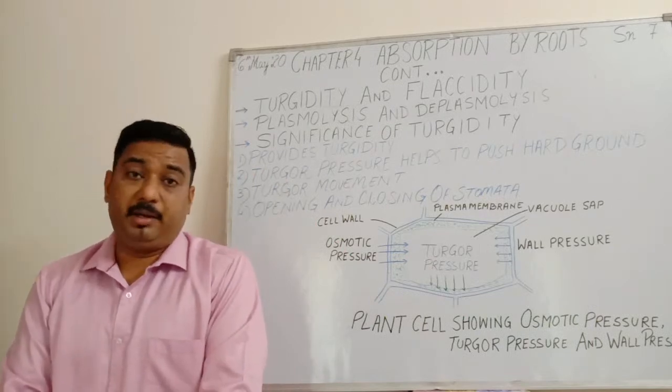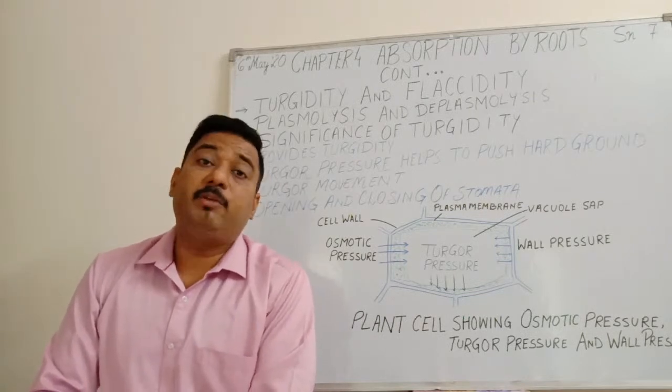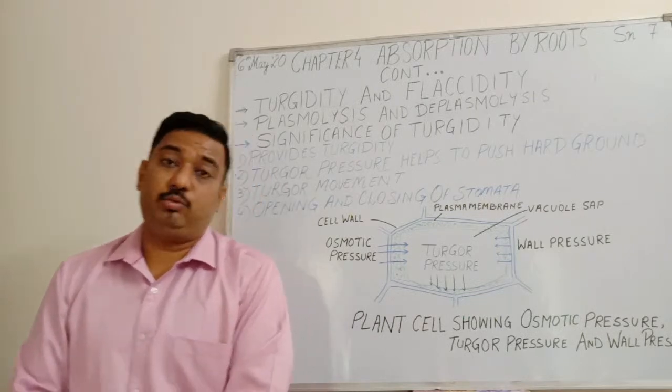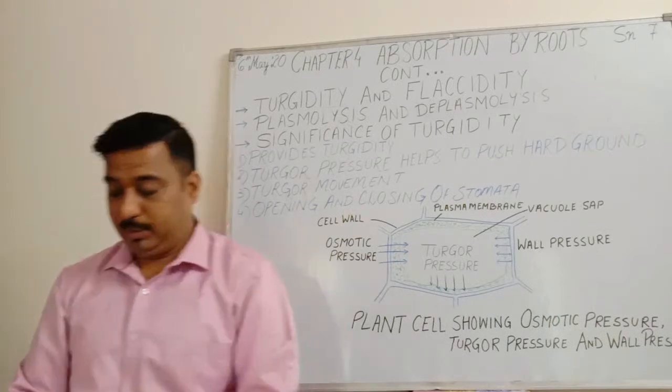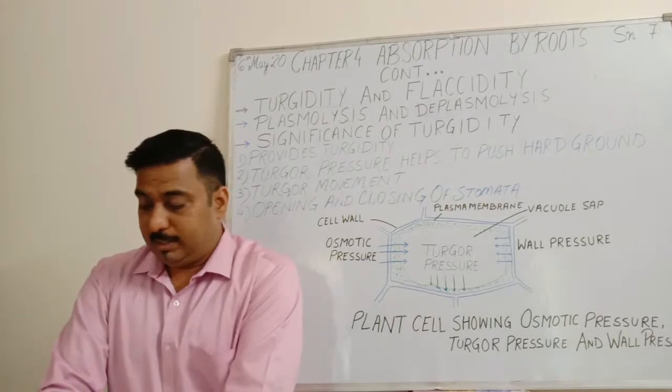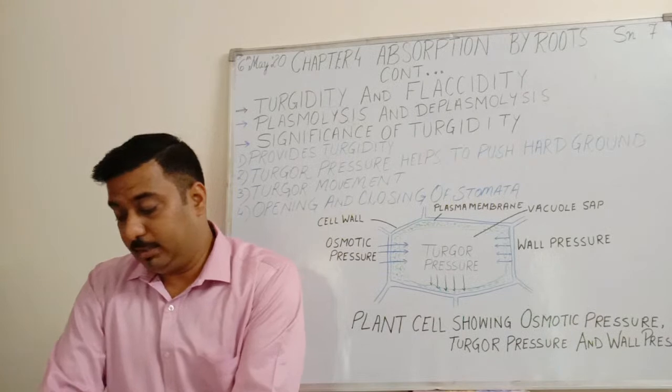On the contrary, when the guard cell loses its water, it becomes flaccid or loose. As soon as it becomes flaccid, it closes the stomatal aperture. When guard cells are flaccid, their walls collapse. Thus, the stomatal opening is closed.